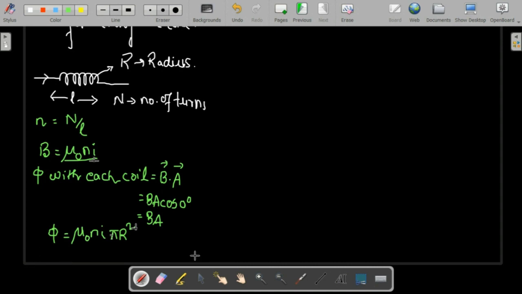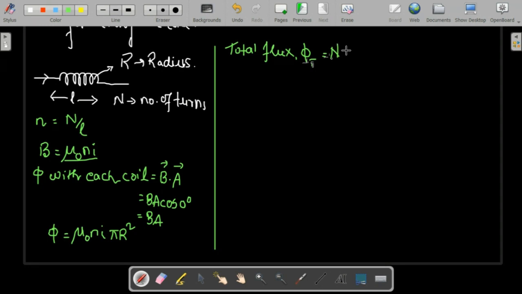From here I can find out my total flux. Total flux phi t is equal to, as we have already seen, the number of turns N times the flux for each turn, phi. So we can write it as N into phi.